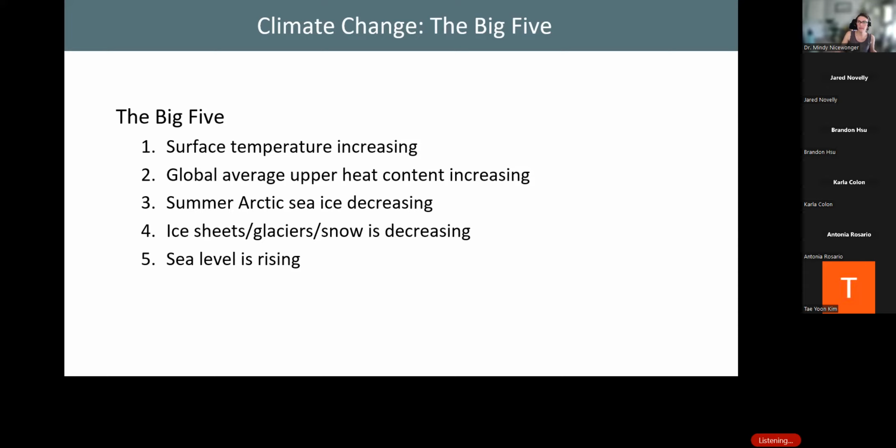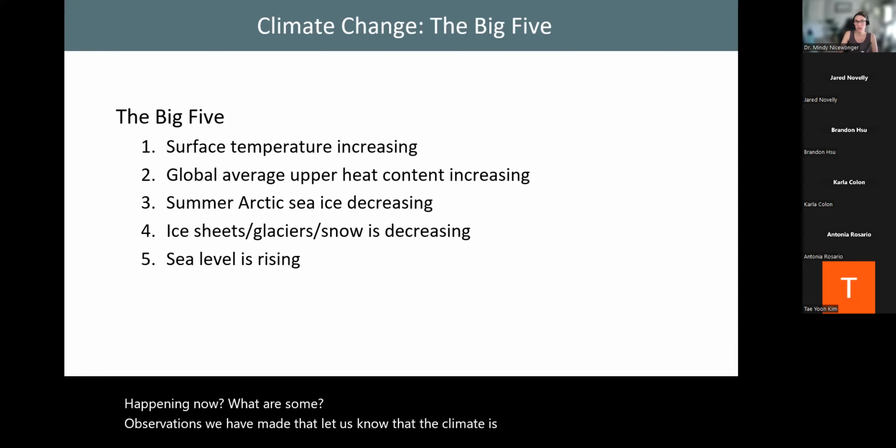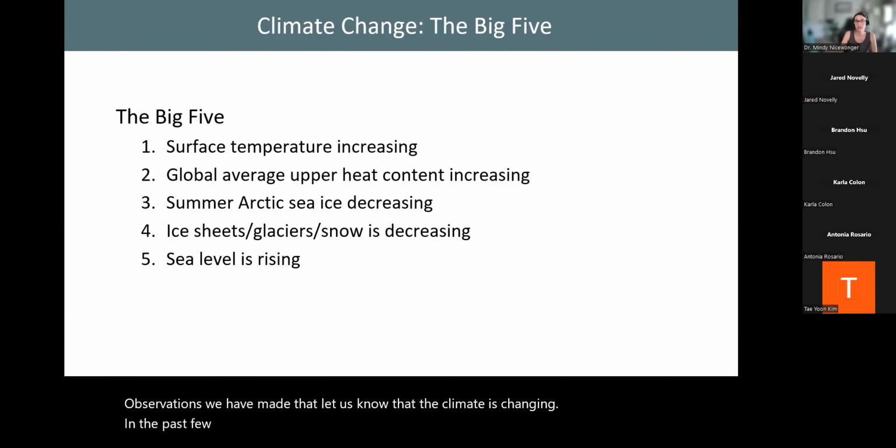All right, so we will continue on here, and we're going to talk now about what's happening now. What are some observations we have made that let us know that the climate is changing in the past few hundred years? So I'm going to call these the big five.